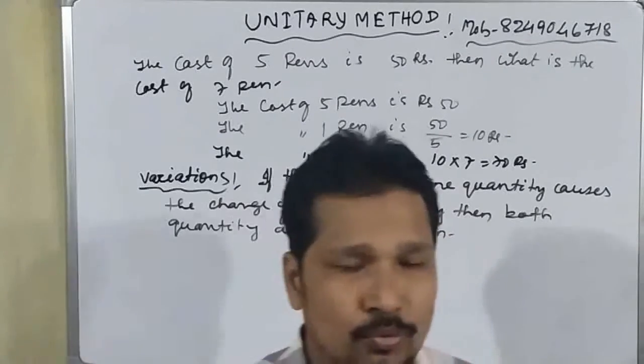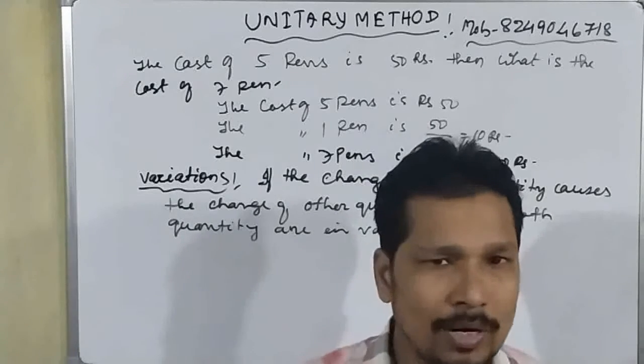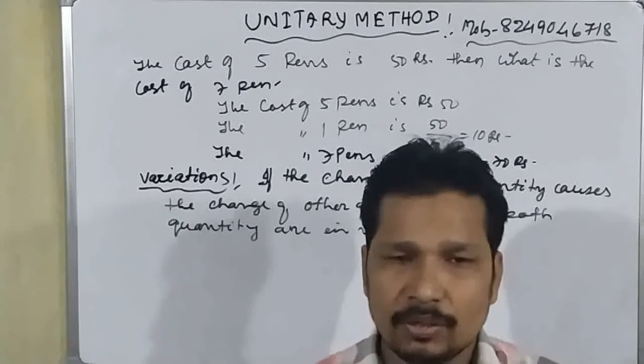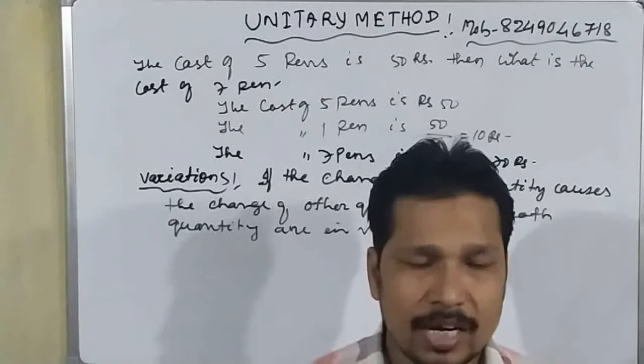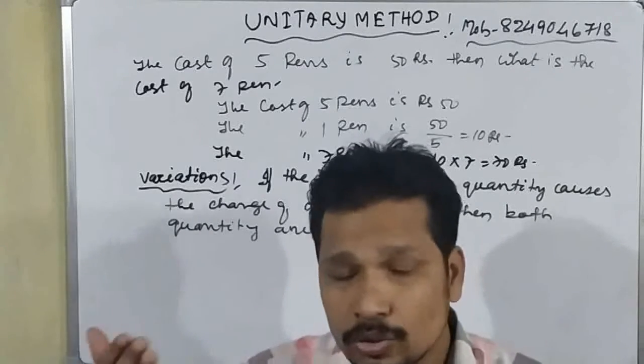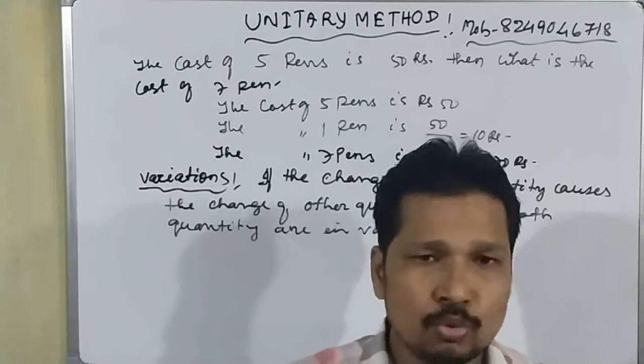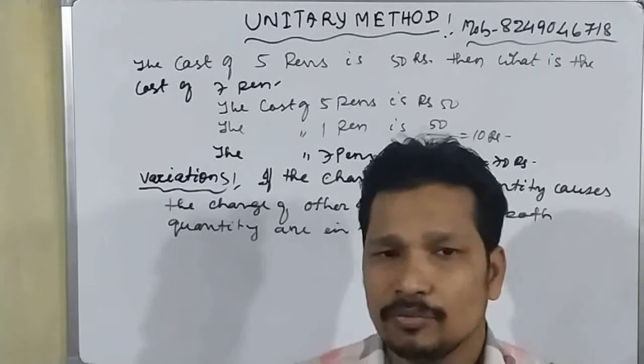That means if we have two quantities such that if we increase the value of one quantity, the other value also increases or decreases. That means if we change the value of one quantity and the other quantity also changes, then we can say that both the quantities, that means two quantities, are in variations.